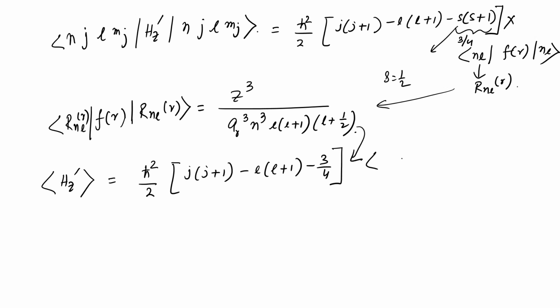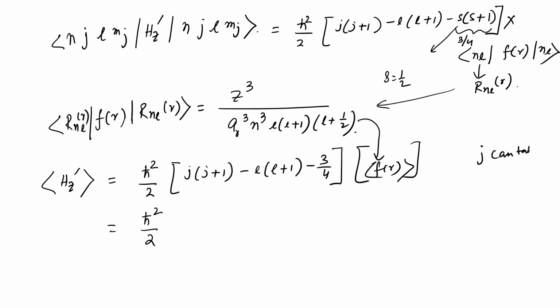So, this term, which is f of r, expectation value of that, and this is nothing but equal to h cross square over 2, and because j can take some values, in this particular case j can take values which are l plus half and l minus half, because S is equal to half, we have told this before, and now this whole thing can be written as either it is l or it is minus l minus 1.